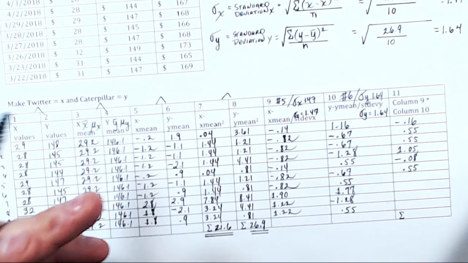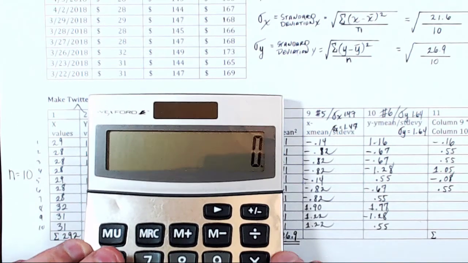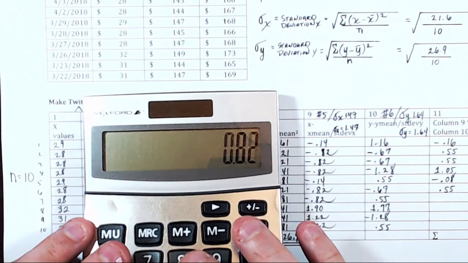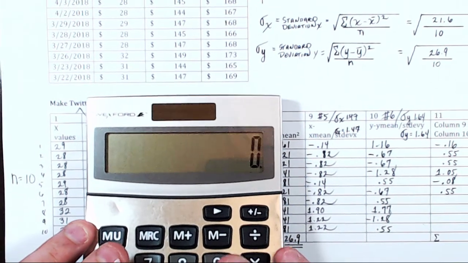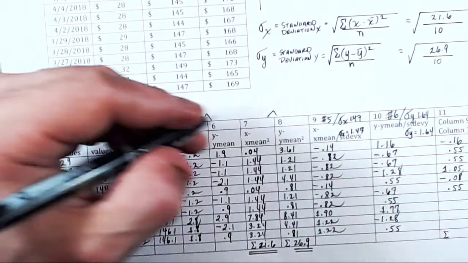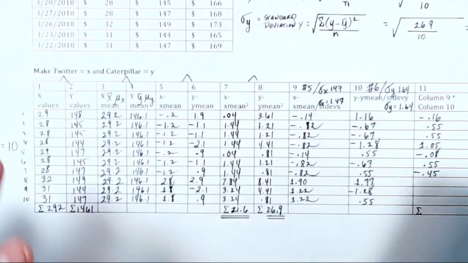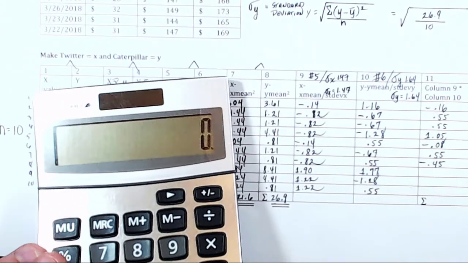Now I've got minus 0.82 times 0.55, so it'll be a negative number, negative 0.45. Just be careful with the negatives. That's what will really screw you up.